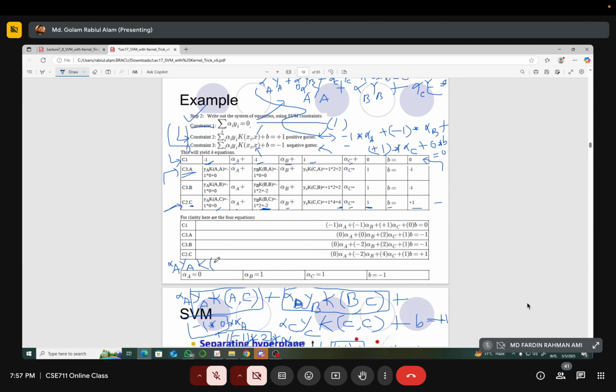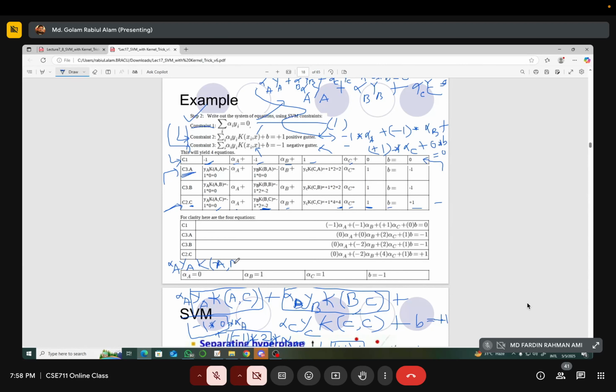So we are considering A, so xa, that is A, and x. Initially we assume that the gutter will pass through the first support vector, that is A.